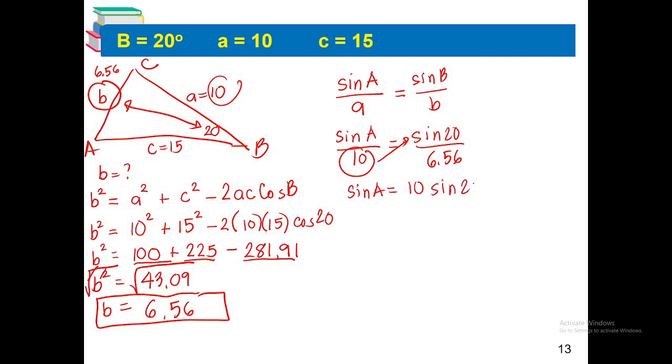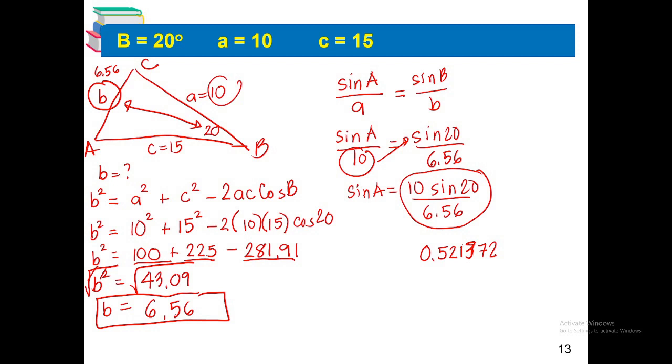Give me the answer in 6 decimal places. Again 0.521372. Do you have the same answer?